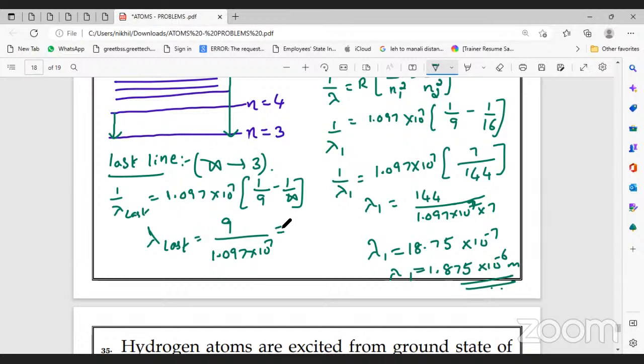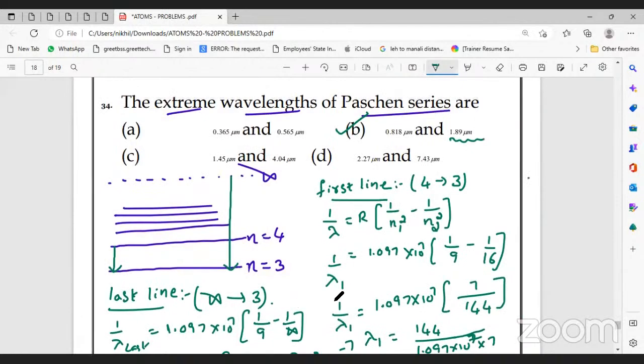If you divide 9 by 1.097, you will get 8.20 into 10 power minus 7, or you can take 0.82 into 10 power minus 6. That is 0.82 micrometer. So the other extreme wavelength is 0.82 micrometer, which is close to 0.818 micrometer. So definitely option B is the right answer.